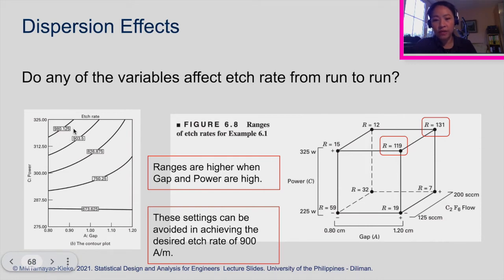As you can see here, there are several other combinations of gap and power at which you can achieve 900 angstrom per minute, while avoiding high level of gap. For example, you can stay at a lower level of gap, while still being able to achieve about 900 angstrom per minute.